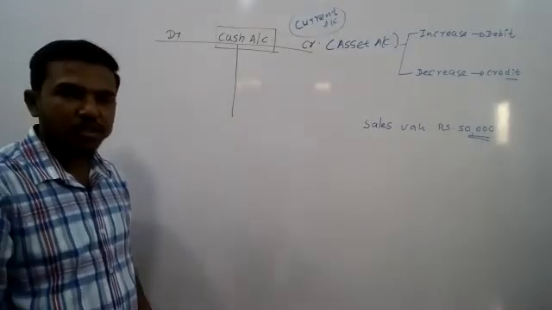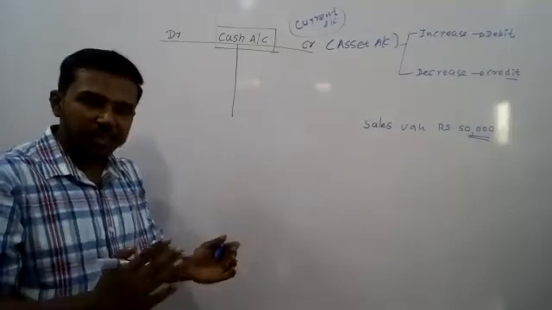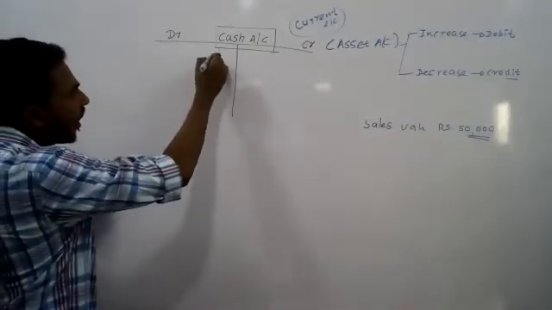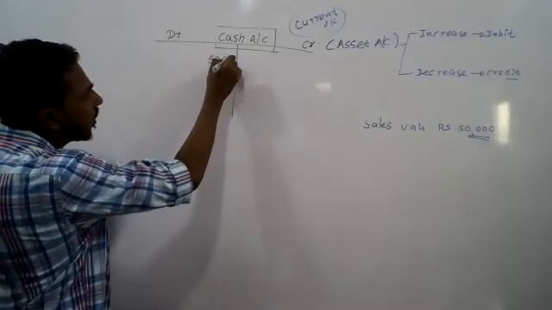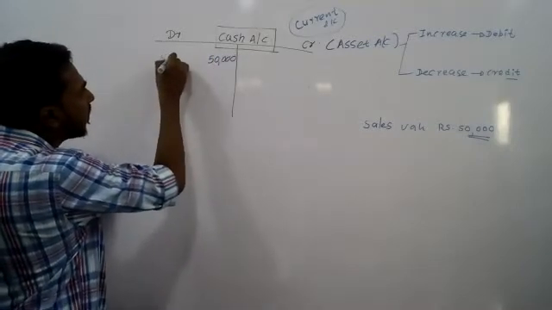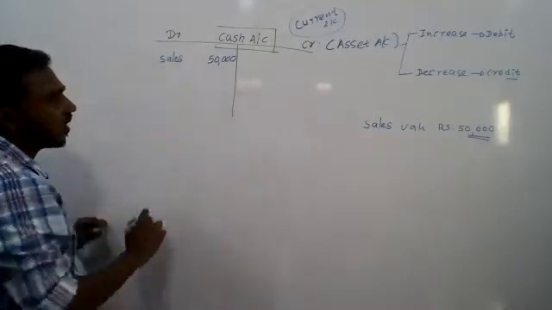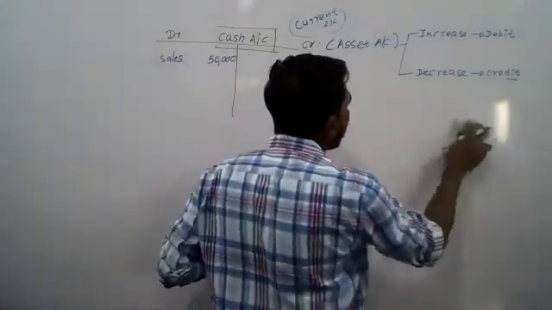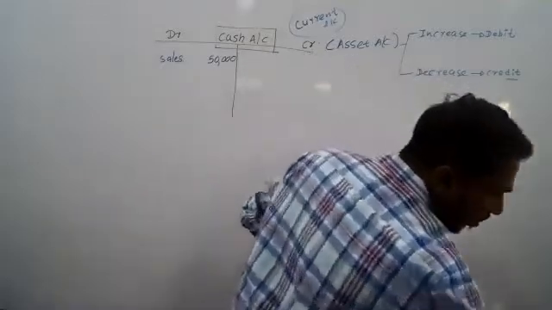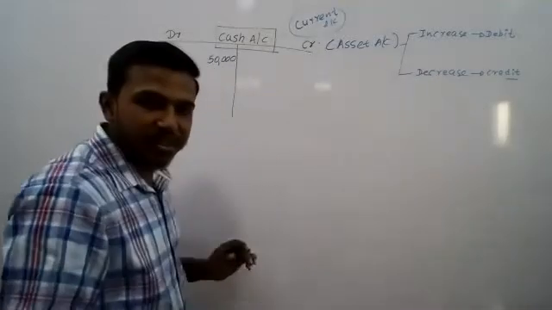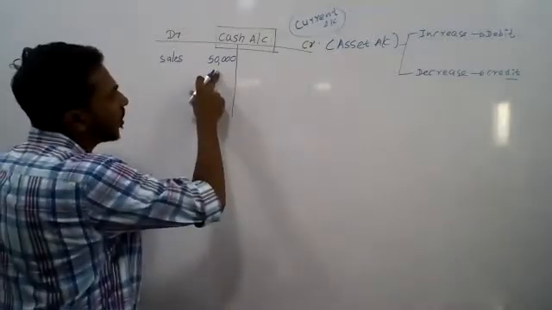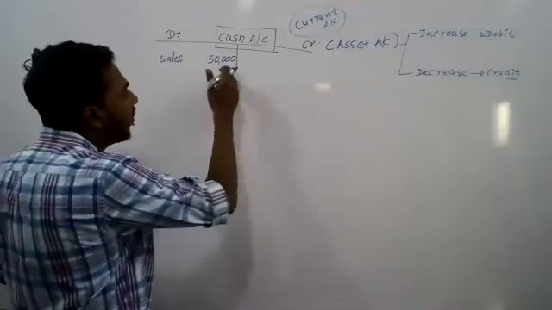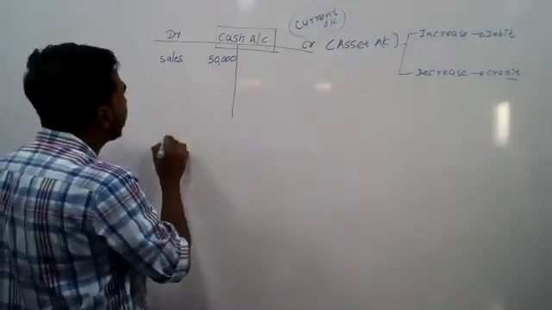Whether you received a check or physical cash, the cash account is debited and the sales account is credited. This is what we record in our ledger accounts in the business.